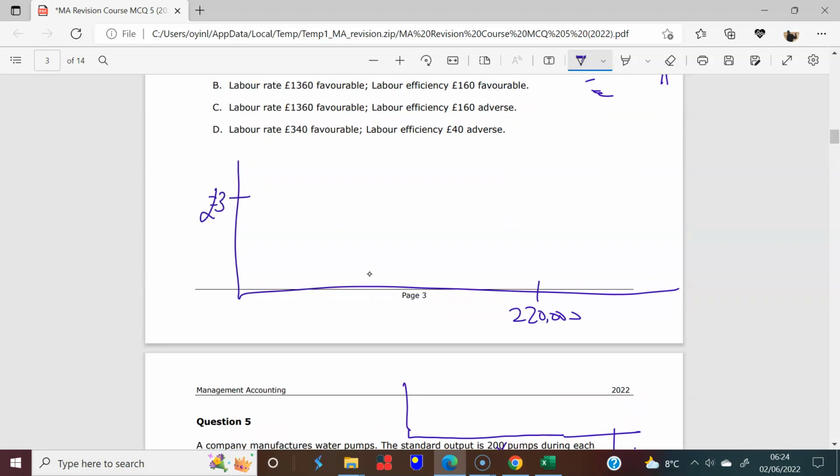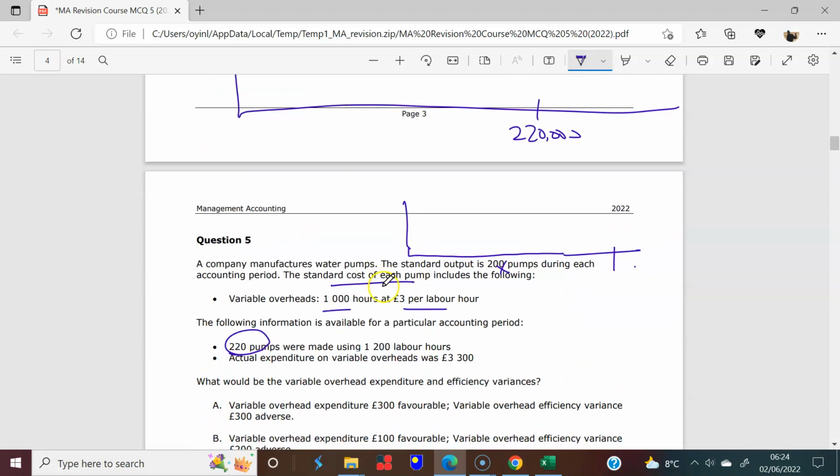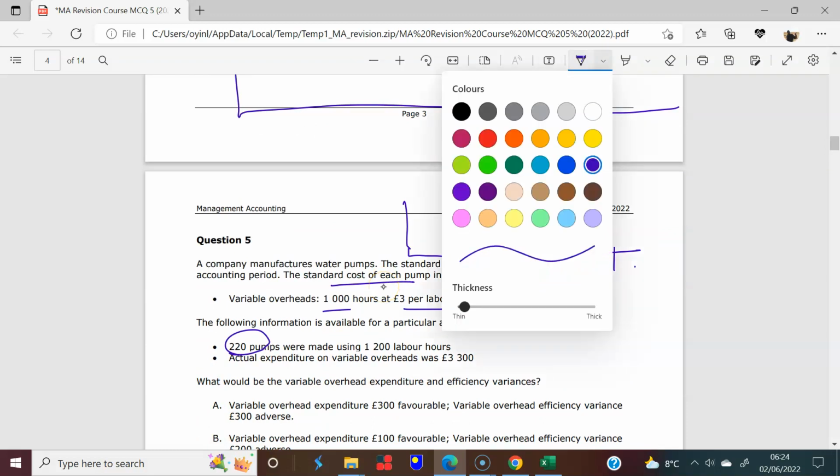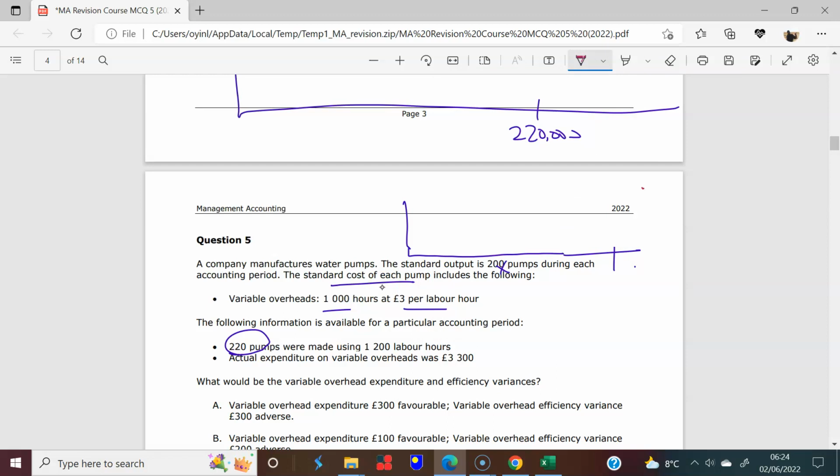So that's how things should work. Let's change the pen color to see what then happens. Oh, sorry, I misread that. It says that the standard cost of each pump includes the following variable overheads, 1,000 hours at £3. Forgive me, I misread that.